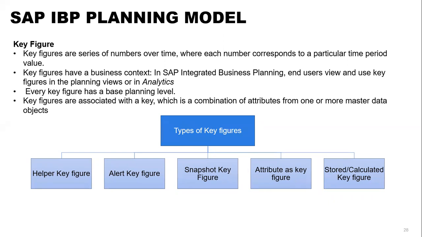You cannot use an attribute directly in the calculations, so we need a key figure. So we convert the target service level into a key figure, so that we can use it as an input for my planning run calculations.